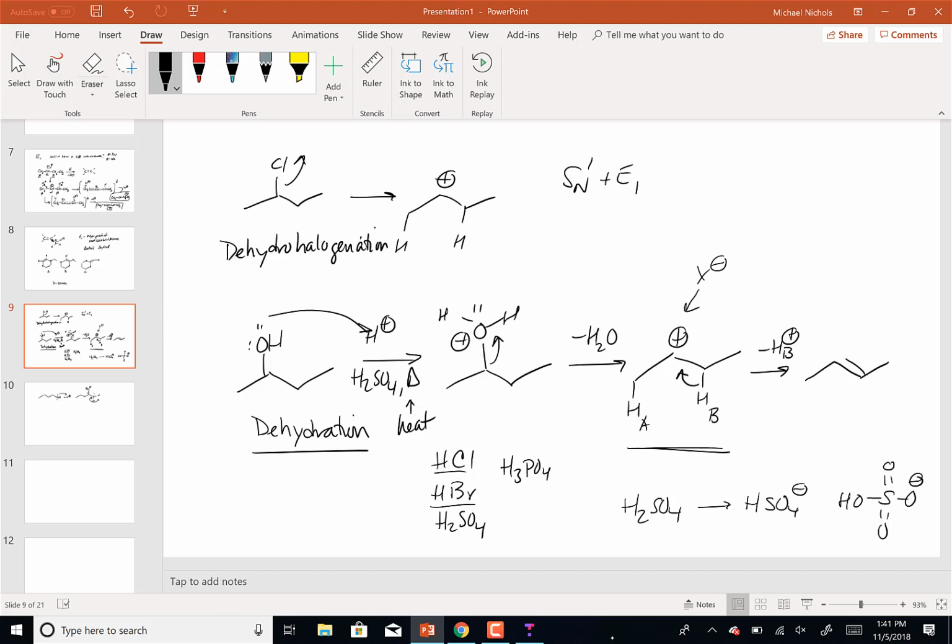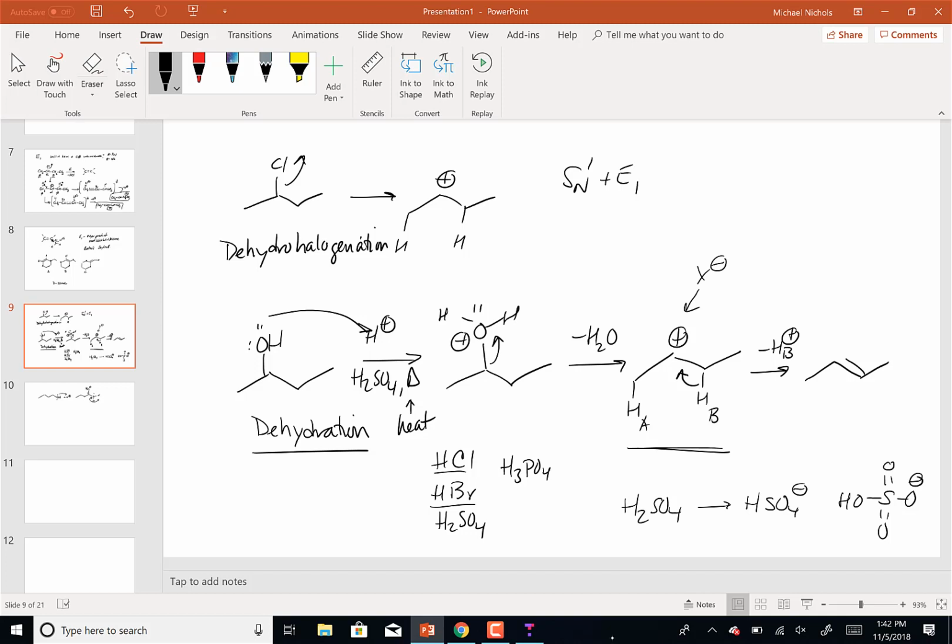So part of this is review of SN1, which we haven't seen since Friday. So it's only been a weekend to go out of your head. If it does, capture it, get it back in there. But the first step is the same, and then we have the formation of the double bond. And so we have to remember what's the more stable double bond. It's the one that's more substituted.